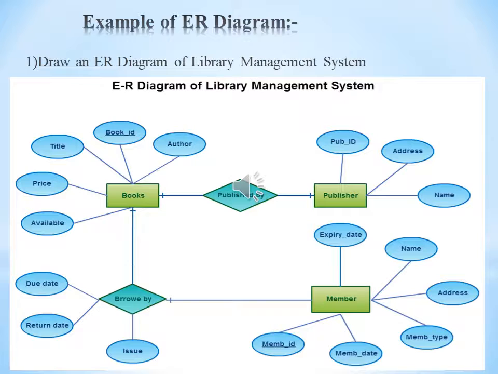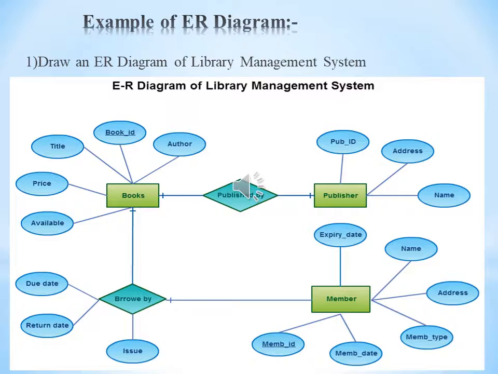Then there is published by, between books and publisher, depending on the diamond, and also borrowed by. These are denoted as relationships between the two entities.